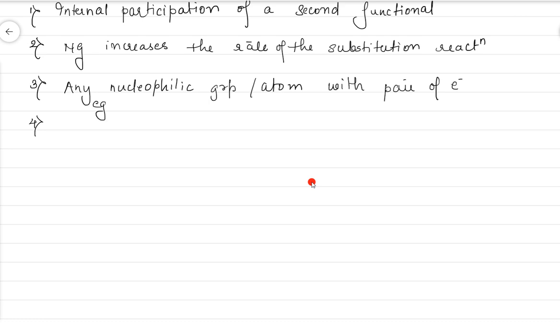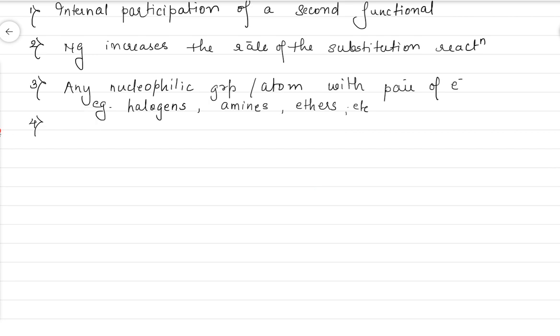Like in the example we saw, halogens can assist a reaction. Anything which has a pair of electrons. Okay, amines where nitrogen has a pair of electrons; ethers where oxygen has a pair of electrons, right? What is common in all of them is that they have a lone pair of electrons. They are nucleophilic in nature, right?